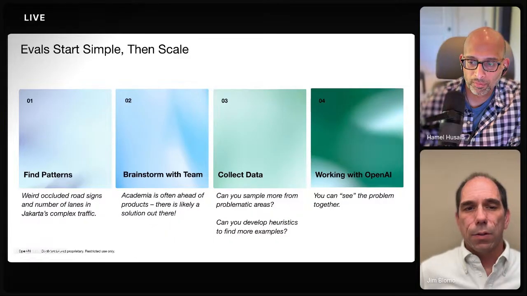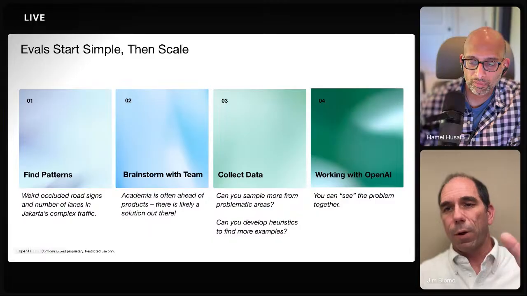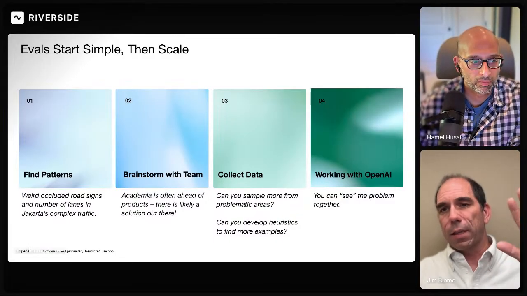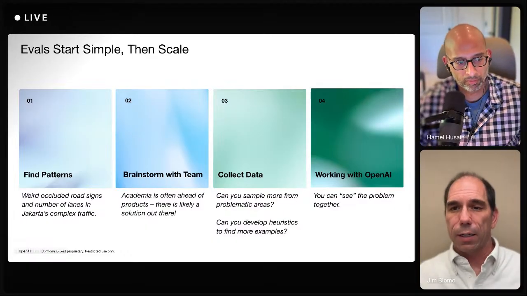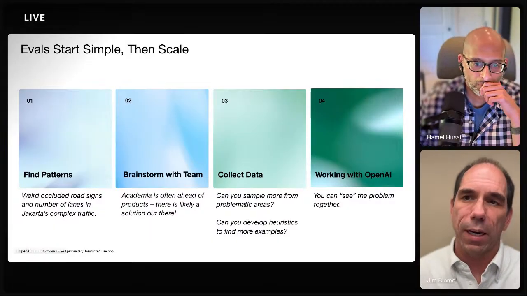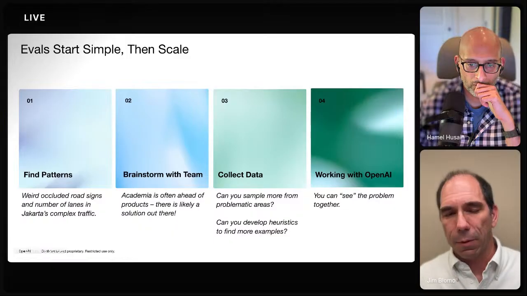And so in Grab's case, this was able both to help them focus on the images and eval sets that they wanted to go out and collect, as well as the way in which to communicate with OpenAI to say, hey, this was better, hey, we wanted this type of image.